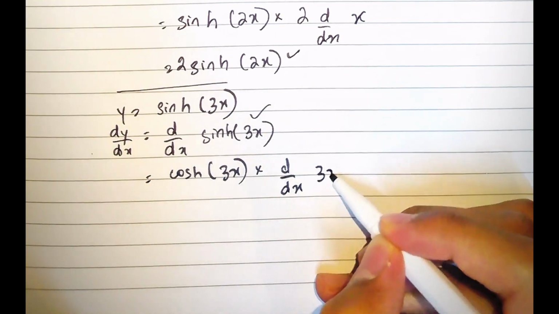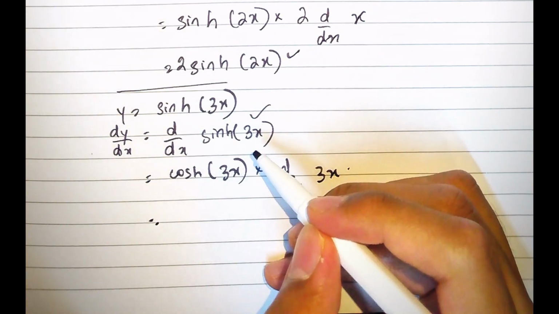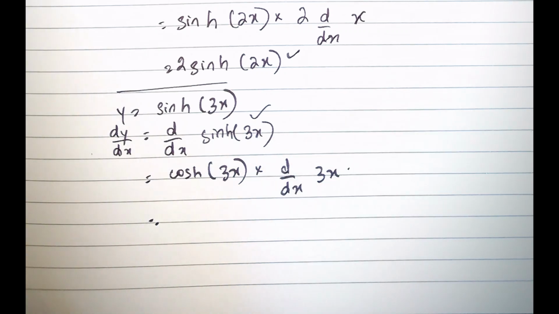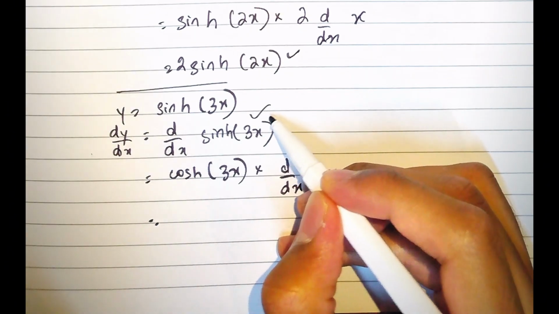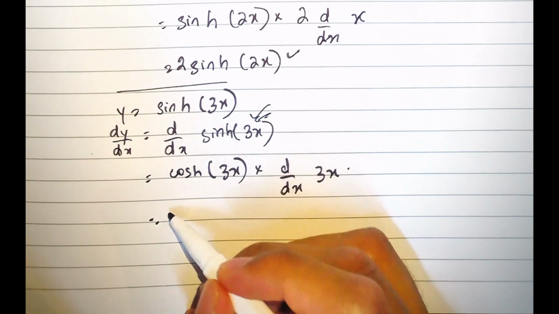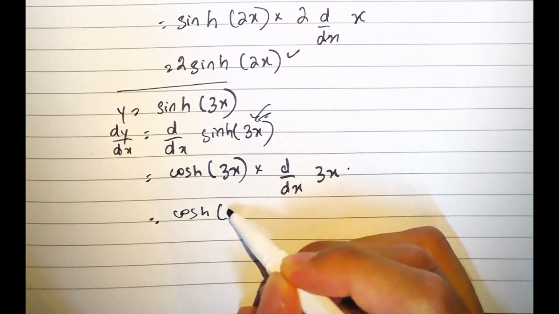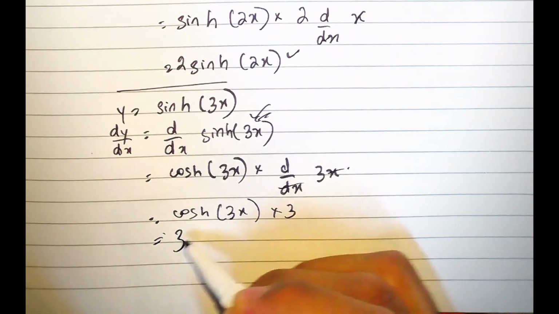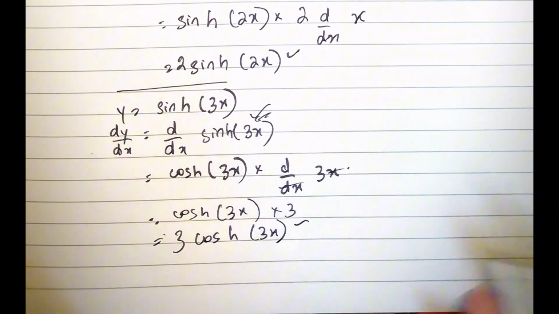What is the angle? It is 3x. You can call this an angle, or you can call it the function of cosh. If we translate it into derivative terms, it would be the derivative of the function of the cosh, or the derivative of the angle. Basically, you have to take the derivative of anything which is present inside the bracket. So cosh 3x multiplied by 3, which is separated, and dx cancels, so we are left with 3 cosh 3x. So this is the final derivative.